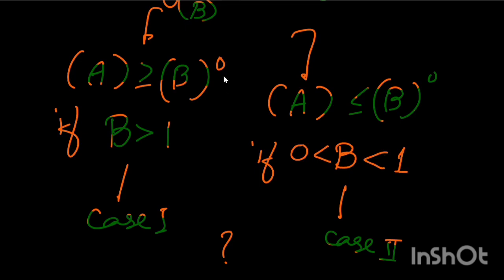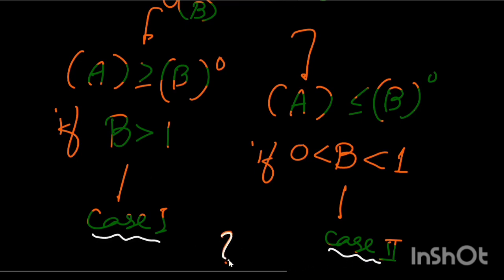So it means we have to take two cases, case 1 and case 2, and after solving the two cases, we will get the number of solutions in each case. We have to add the number of solutions of case 1 and case 2. Now for each case, how do we find the number of solutions?